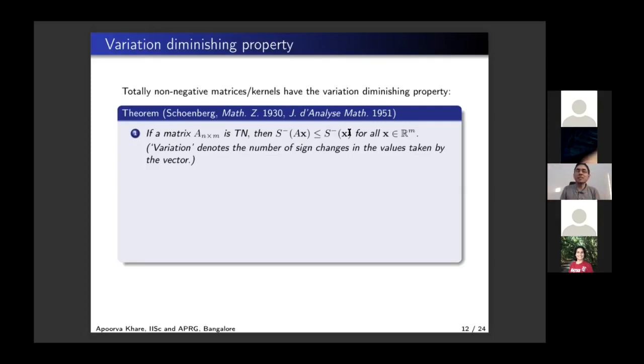In Descartes' time and as late as Laguerre's time in the 1880s, variation meant sign changes. So that's why the variation diminishing property just says the number of sign changes of the output vector Ax in Rn is less than or equal to the number of sign changes in the input vector in Rm, a different number of entries. That happens when the matrix is totally non-negative. That is the variation diminishing property.